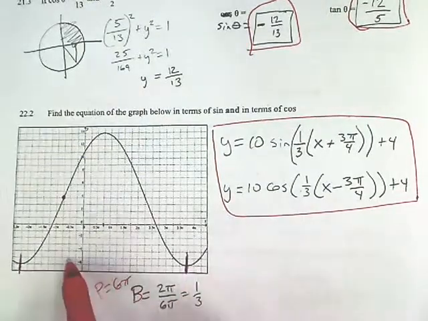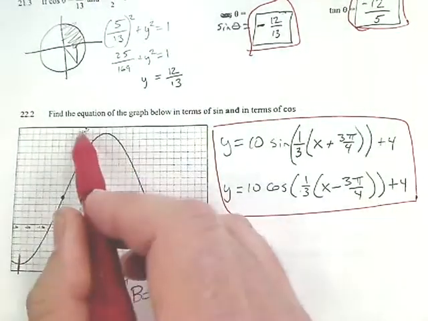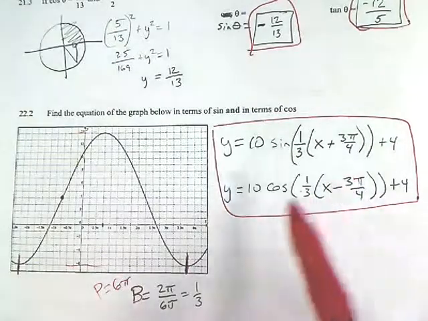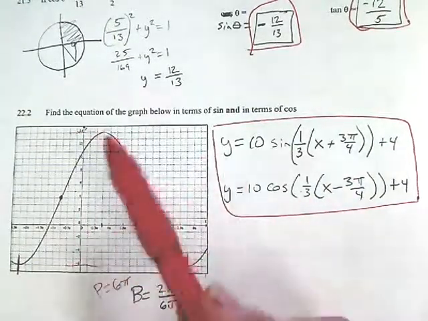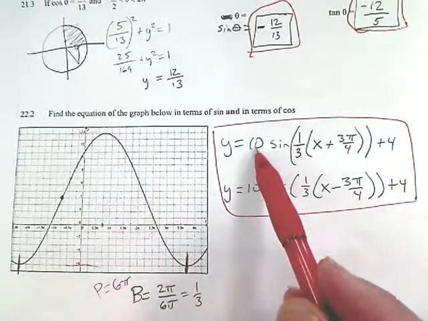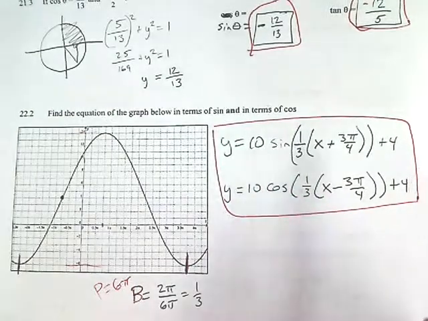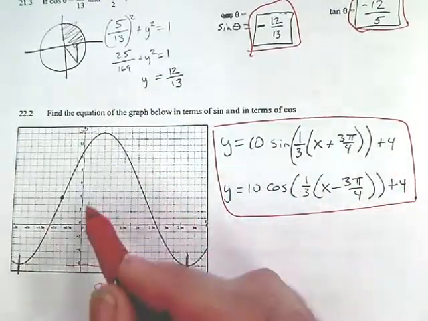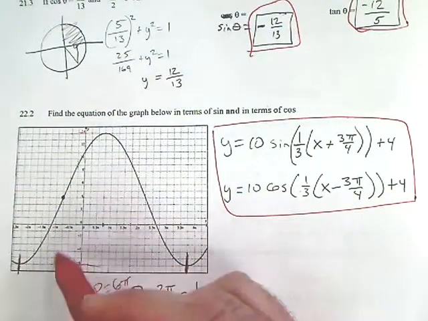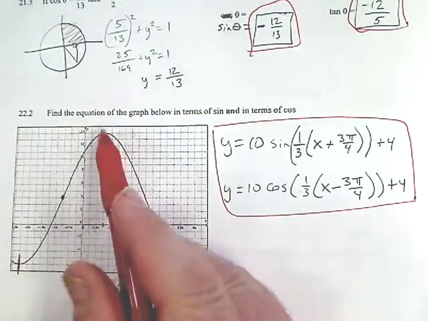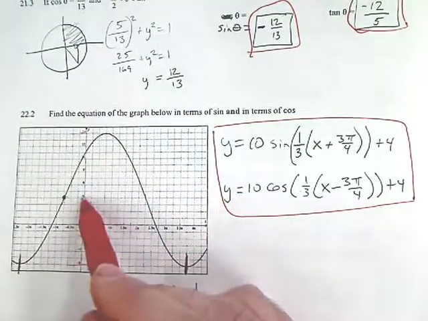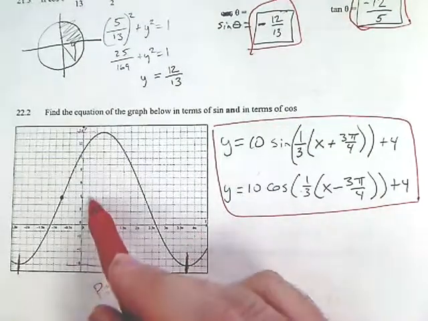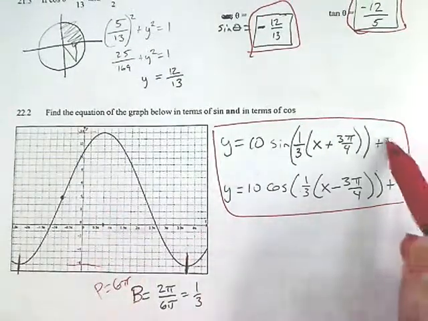Amplitude is from the bottom all the way to the top, divided by 2. So it's 20 from top to bottom, from max to the minimum, divided by 2 is 10. The middle is up here at 4. I just went up 10 from the bottom, or 10 from the top. 4 is how high the middle is shifted up, so plus 4.